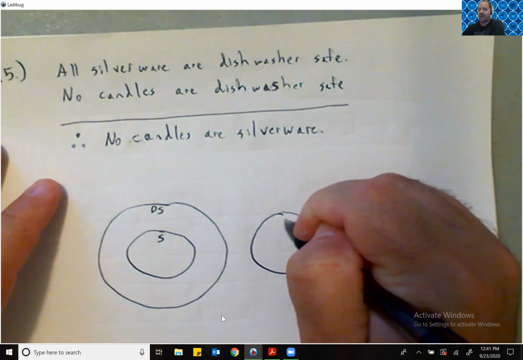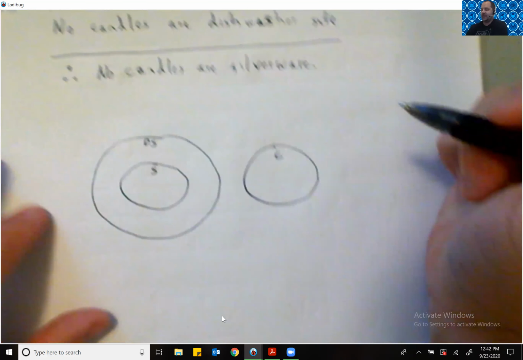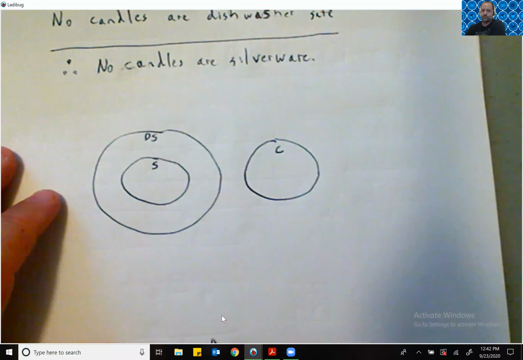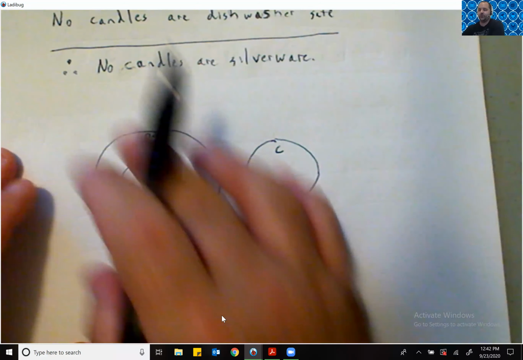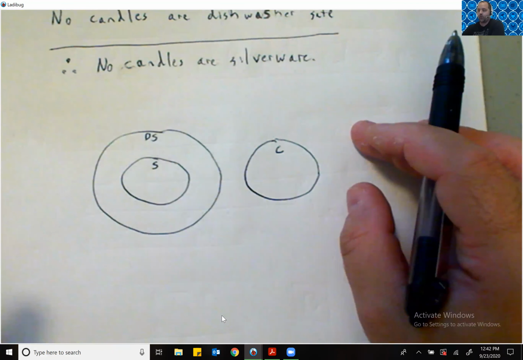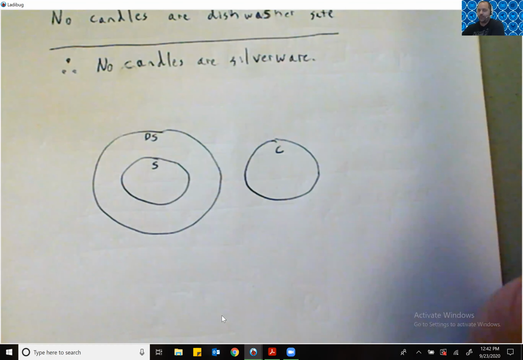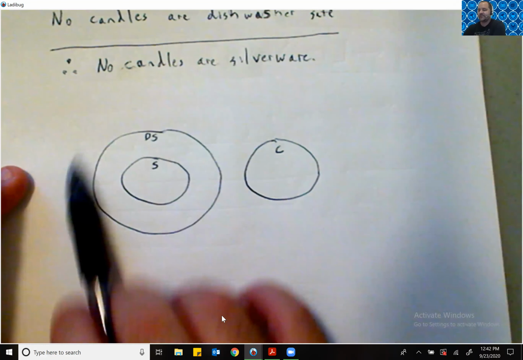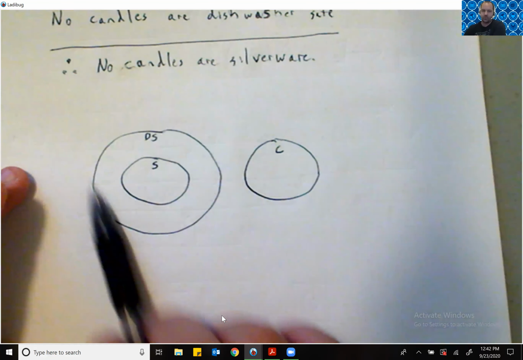We'll call it C for candles. So this is what the picture looks like. There's no other interpretation. If there were, we would draw them. But there's no other place for me to put the candle circle. It cannot be anywhere inside here or touching the dishwasher circle.